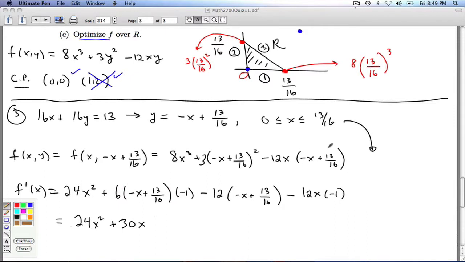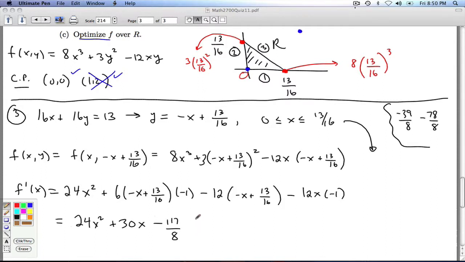I'm going to get negative 39 eighths. And then over here, I'm going to have negative 12 times this, but once again, I can cancel the 2. So I get 6 times 13 over 8. So that's a negative 78 eighths. And oh, look at that. It's negative 117 over 8. That must have been why I did that.